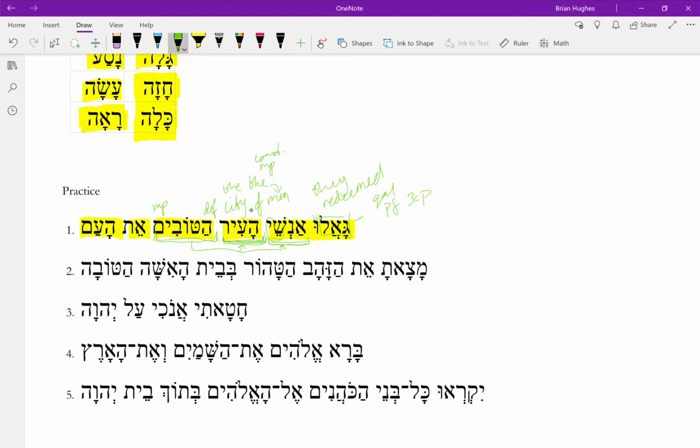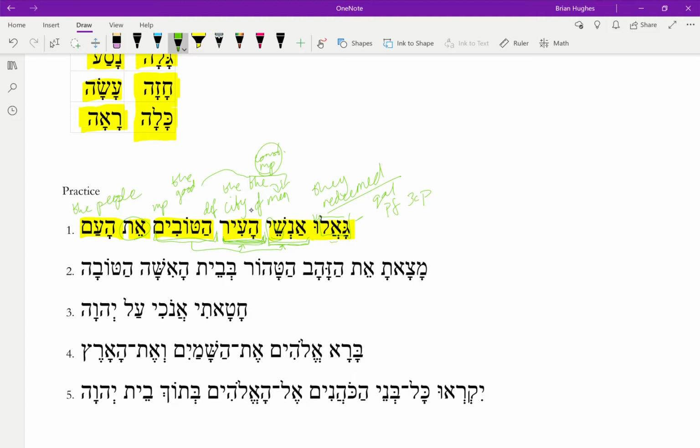But anashe is a masculine plural noun. So this is the good men of the city did what? They redeemed. The good men of the city redeemed. Our definite direct object marker here, ha'am, is the people. So this would be: the good men of the city redeemed the people.